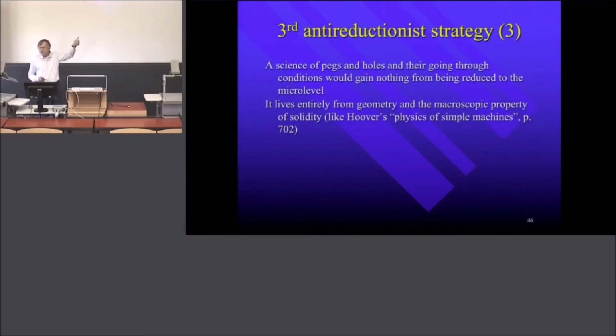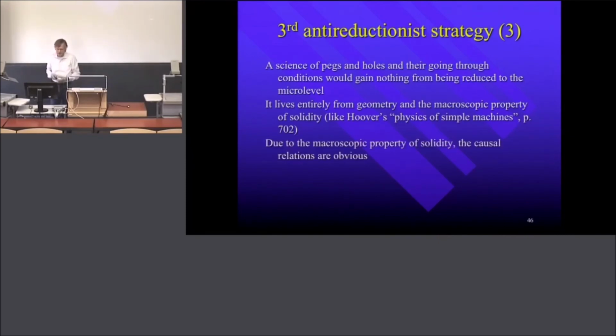This is, so to speak, the simplest machine of all simple machines, this peg and hole stuff, right? And there you see, this is his intuition. Yes, going down to the micro level is just useless for these cases. Due to the macroscopic property of solidity, the causal relations are obvious under which conditions that thing goes through.